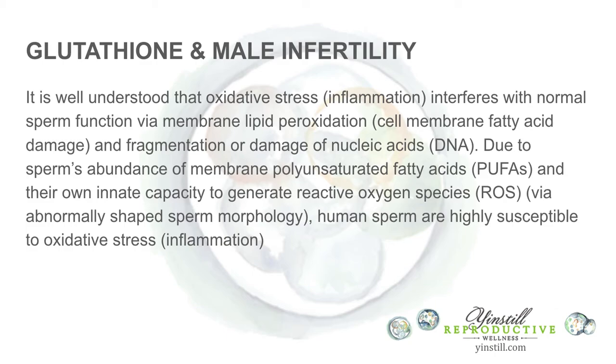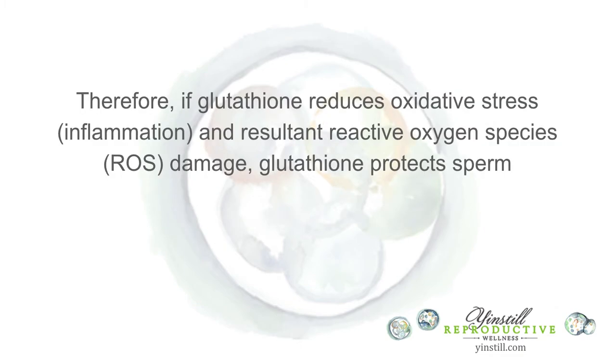Due to sperm's abundance of cell membrane polyunsaturated fatty acids, and their own innate capacity to generate reactive oxygen species via the abnormally shaped sperm that we talked about before, which every sperm sample has plenty of, human sperm are highly susceptible to oxidative stress and inflammation. Therefore, if glutathione reduces oxidative stress and inflammation and the resultant reactive oxygen species and their damage, glutathione protects sperm.